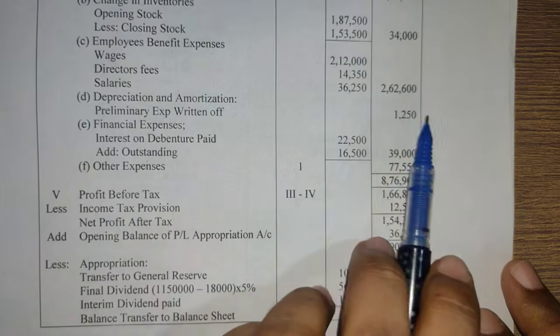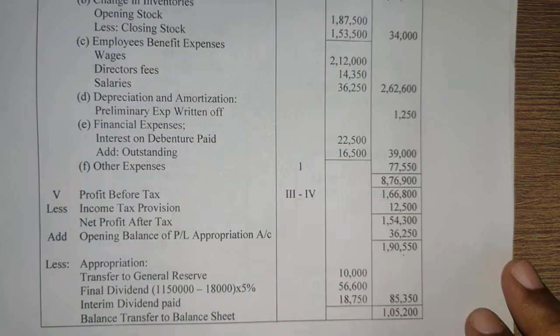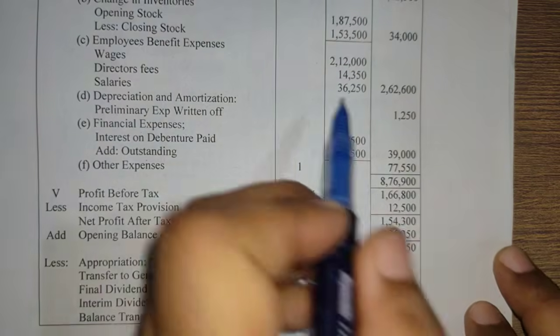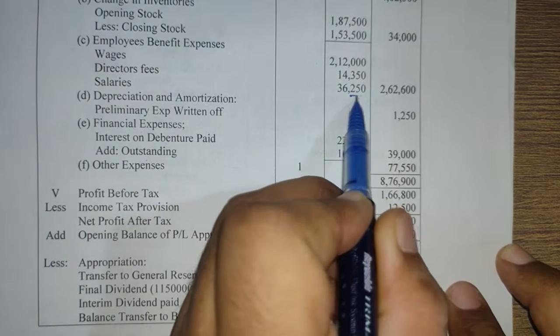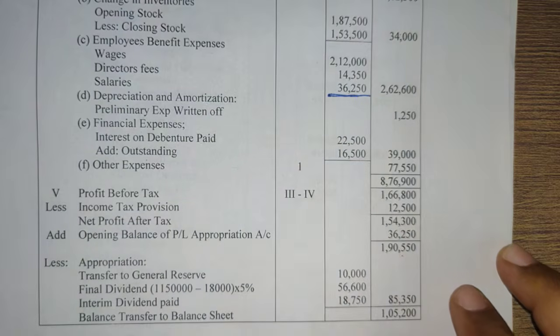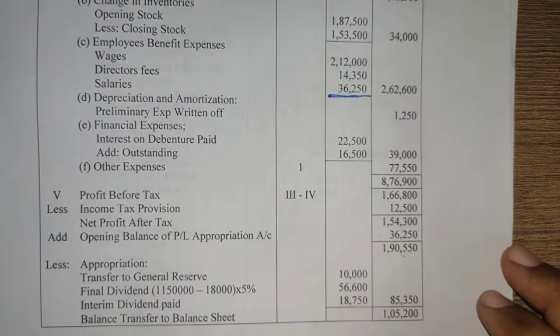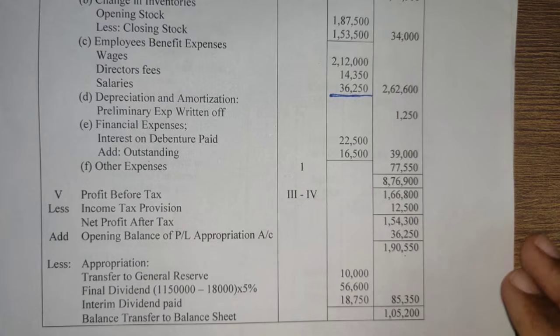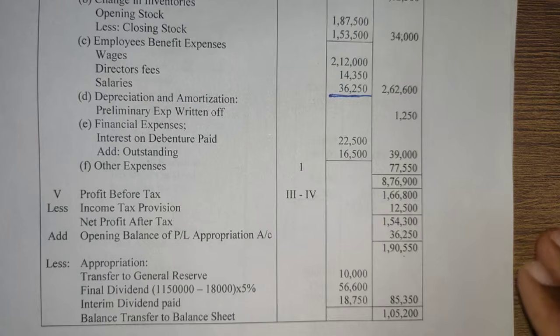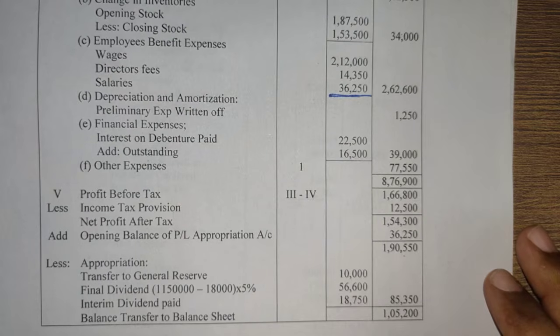The total of these three is called employee benefit expenses. Not many items are given here, and that's why there is no need to prepare a separate note. If there are many items given in the trial balance and adjustments, then you must prepare a separate note of it, and directly put the figure here.